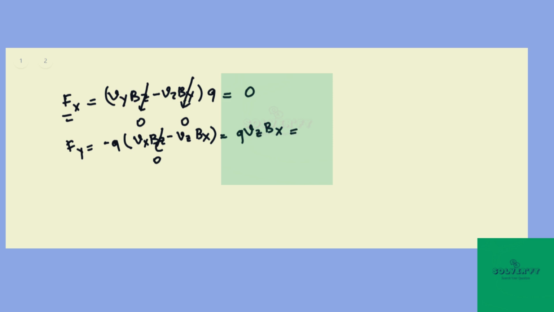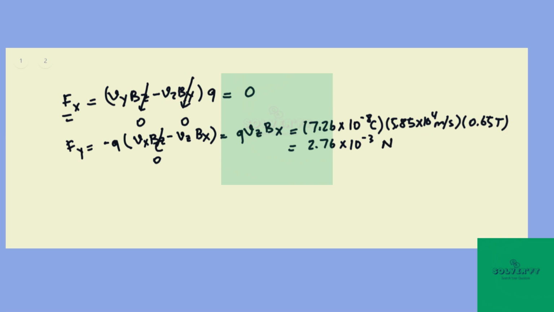If we plug in the values, 7.26 times 10 to the power negative 8 coulombs times 5.85 times 10 to the power 4 meters per second for the z component of the velocity vector times the magnitude of the magnetic field, 0.65 Tesla. If we do the calculation, what we find is 2.76 times 10 to the power negative 3 newtons.